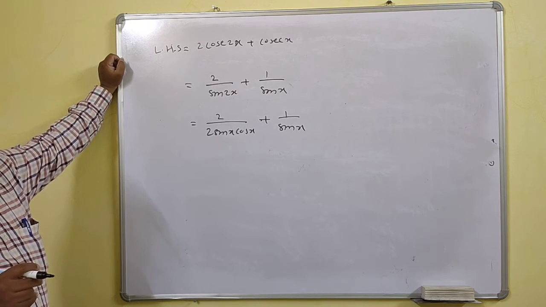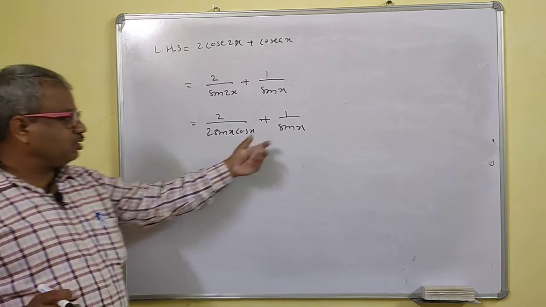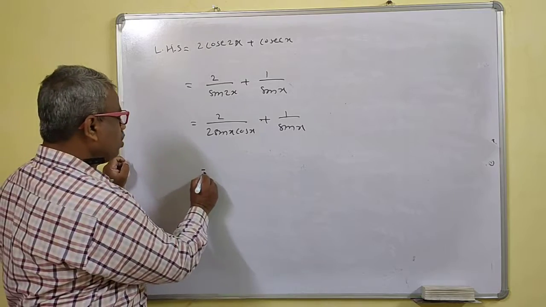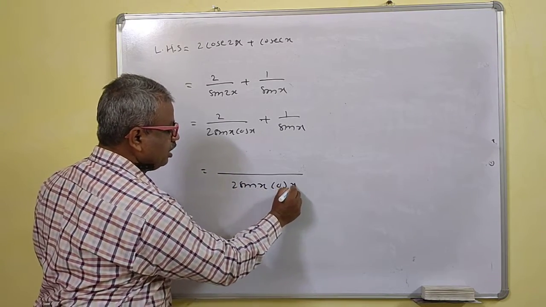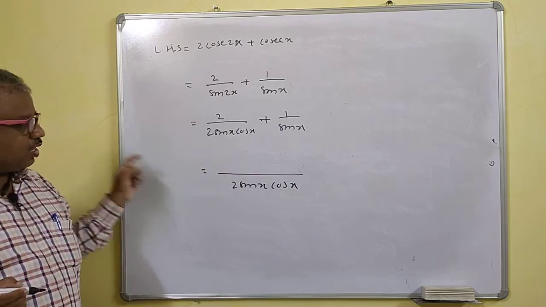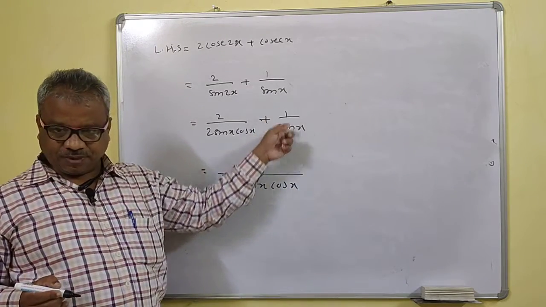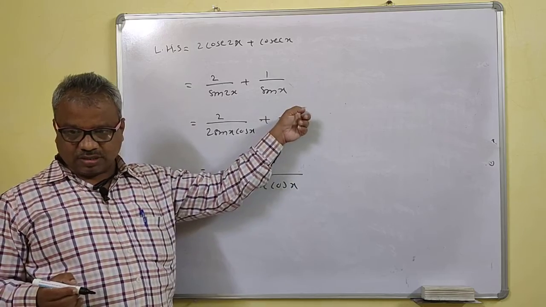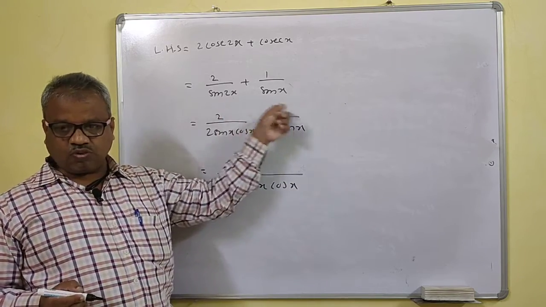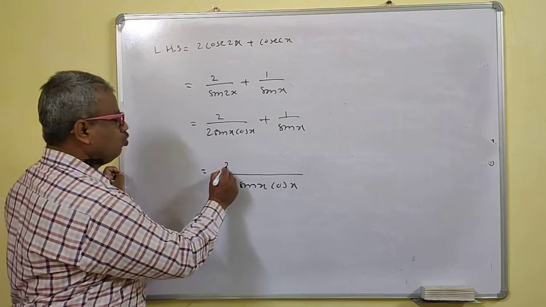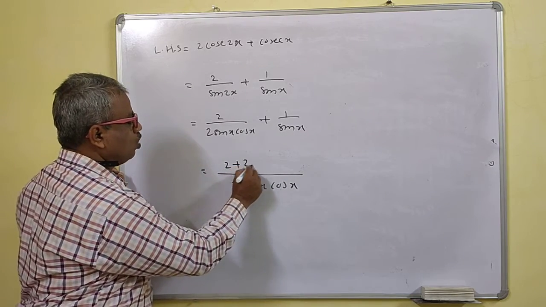We'll take the addition now. See, what is the LCM? Your LCM is 2 sin x cos x. Here, if you multiply by 2 cos x, your denominator is the same. That means 2 plus 2 cos x.